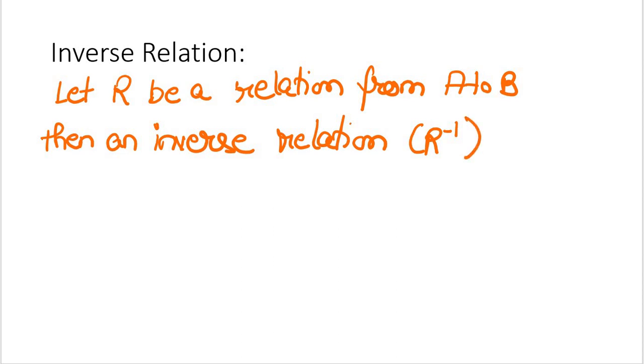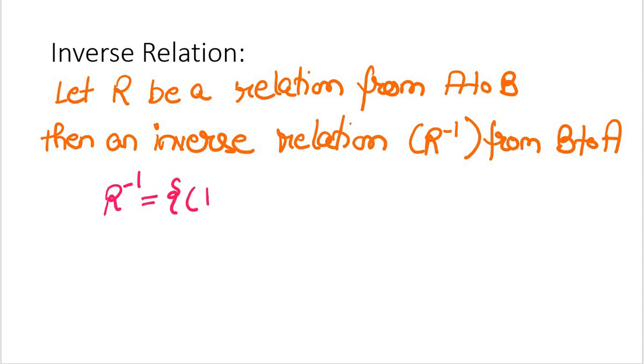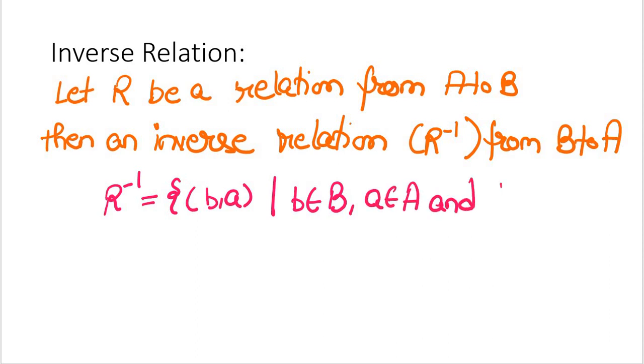Since this is an inverse relation, it will be from B to A, and it can be defined by R inverse, which equals, by this time you might have got an idea, the pairs (b, a), where b exists in set B, a exists in set A, and (a, b) exists in R.